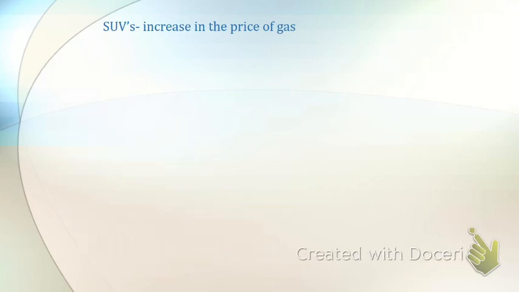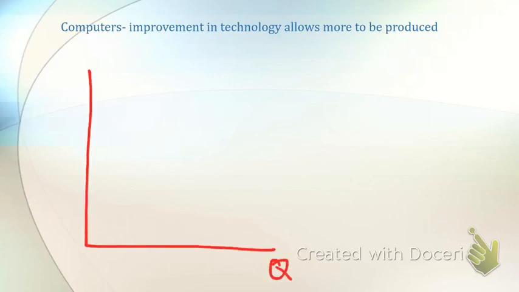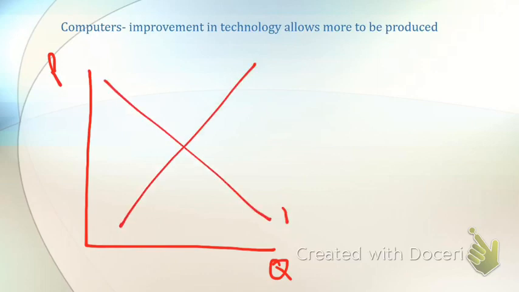All right, here's another example. Computers: an improvement in technology allows more to be produced. So what's going to shift here?